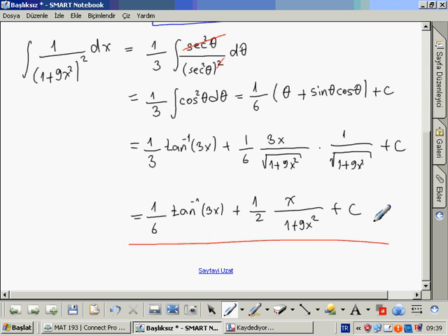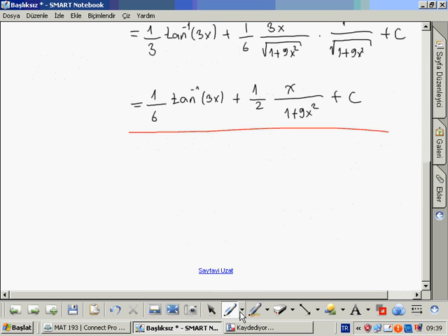And let's continue with the inverse secant substitution.